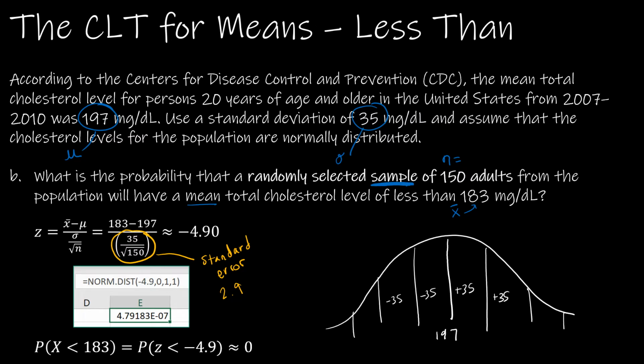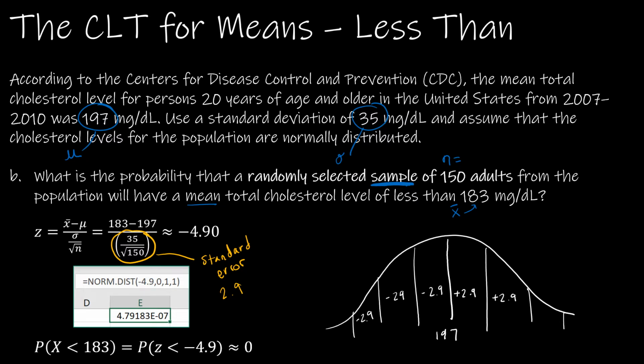So the difference here is, now that we're looking at a sample, it's not 35 anymore. It's not the standard deviation. Now it's the standard error. So I would be adding 2.9, not 35, but 2.9, and subtracting 2.9. And so we can see our probability is going to be quite a bit different.